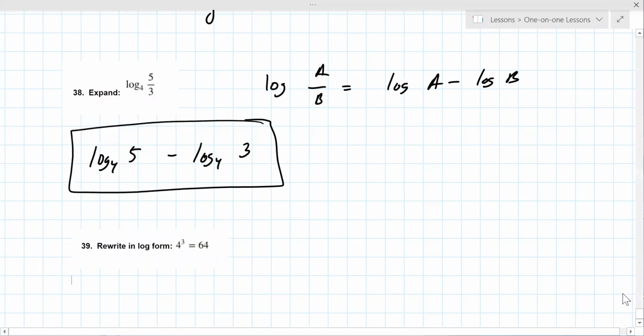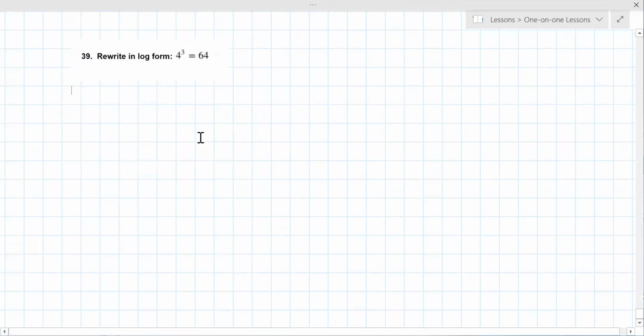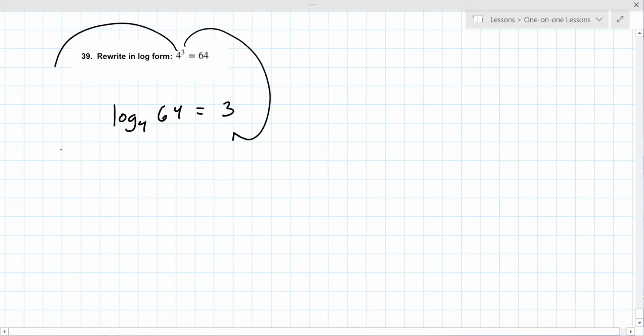On number 39, rewrite in log form. It's akin to what we did earlier. It's log base 4 of 64 equals 3. You have to know that that goes there, and that goes there.